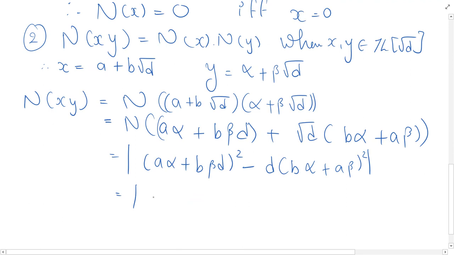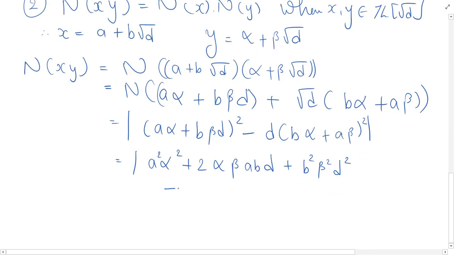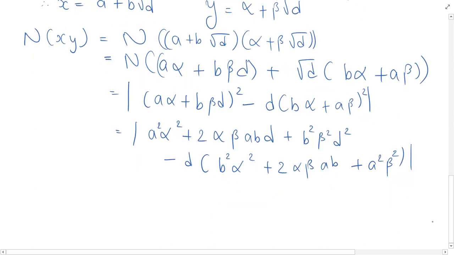It is nothing but a square alpha square plus 2 times alpha beta abd plus beta square b square d square. Okay, after that I'll just write it over here. So it is minus d times beta square alpha square plus 2 times alpha beta ab plus a square beta square, right? Okay, now we will open the bracket and see what we can simplify.